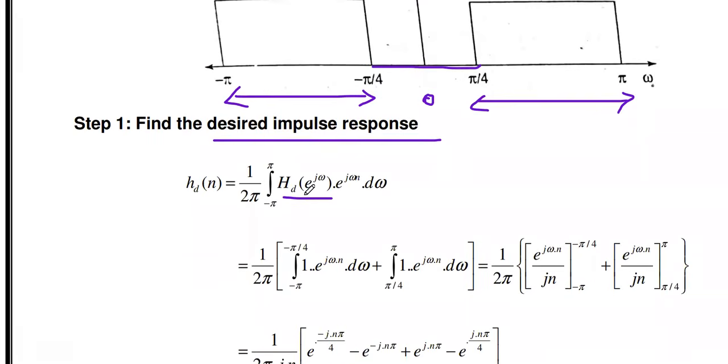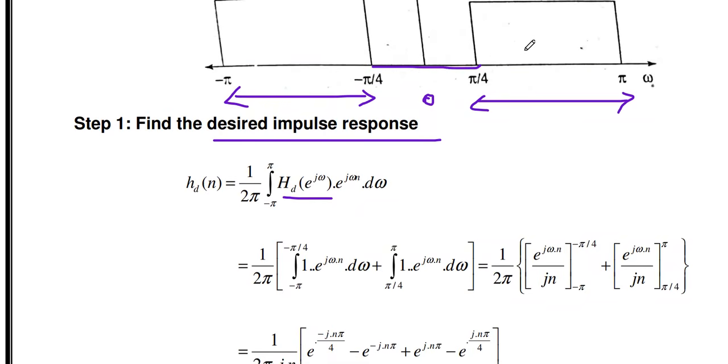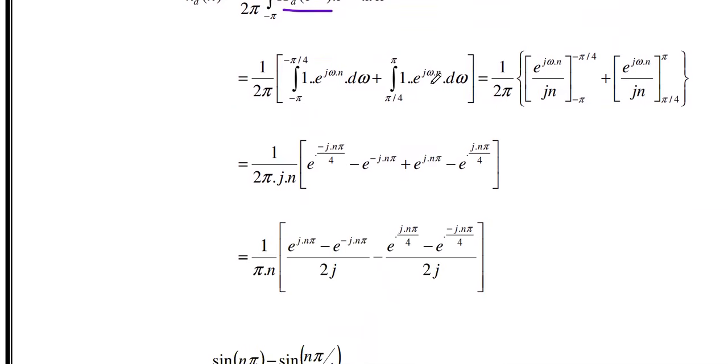So we can split this integration as minus pi to minus pi by 4, where HD of e power j omega is 1, into e power j omega n d omega, plus next from pi by 4 to pi, with lower limit pi by 4 and upper limit pi, HD of e power j omega is 1 into e power j omega n d omega.